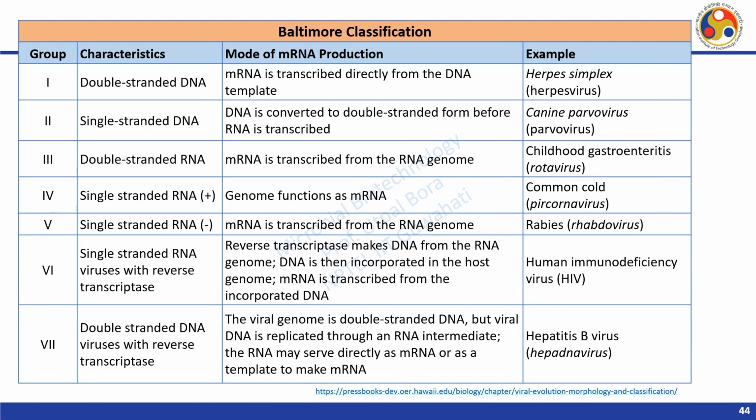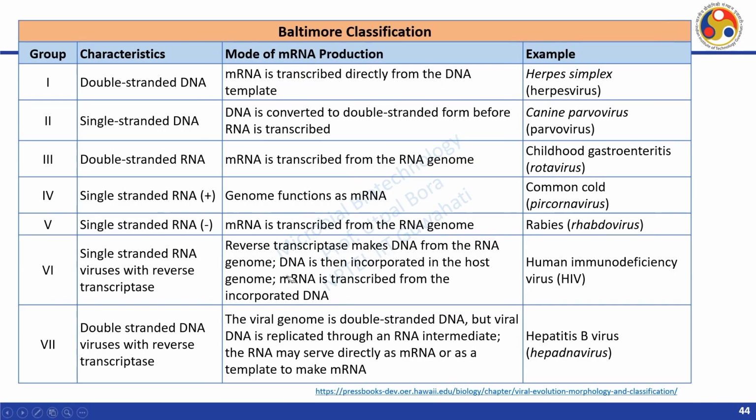And if you look into the mode of mRNA production from 1 to 7, in the first case mRNA is transcribed directly from the DNA, for example in herpes simplex virus. In group 2, like those in canine parvoviruses, DNA is converted to double stranded form before RNA is transcribed.